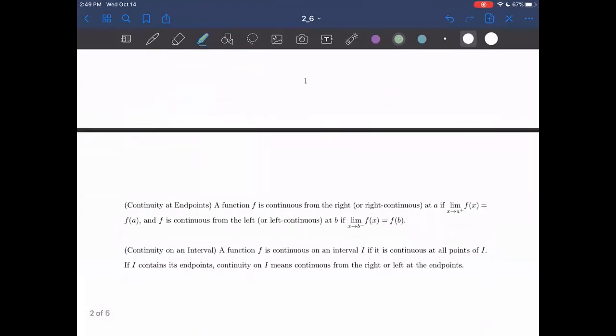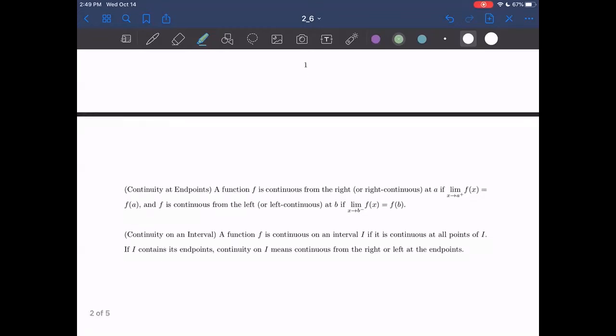We'll do some examples of discontinuities in class. Those are the main three. And a graph can have more than one.